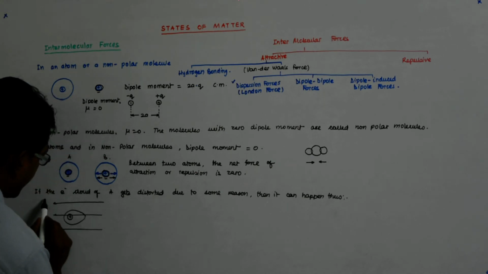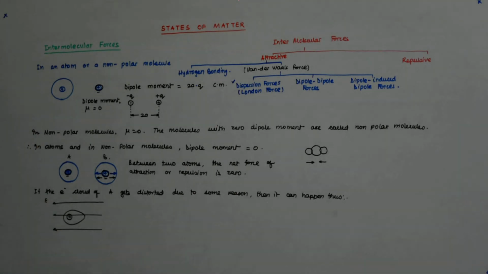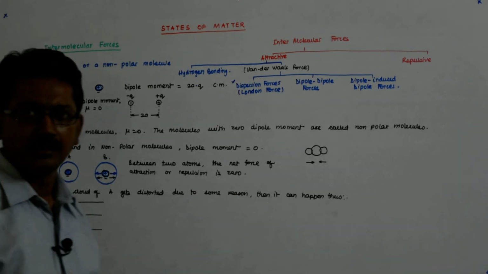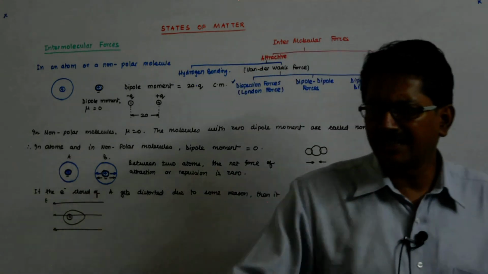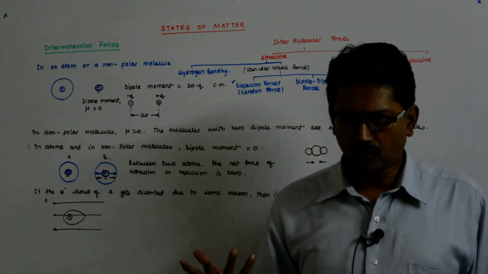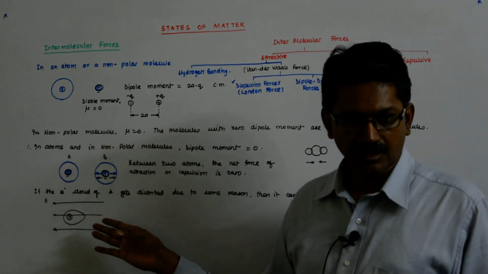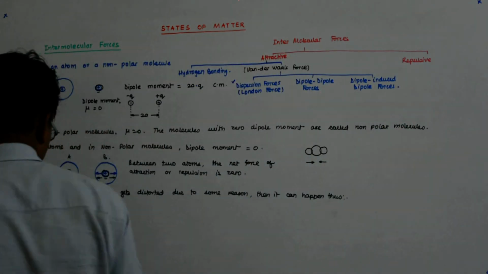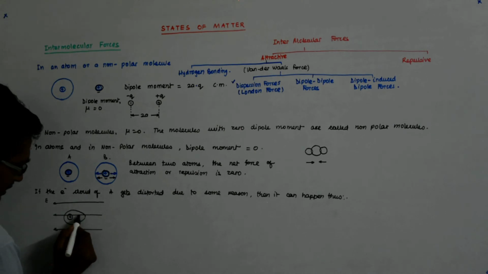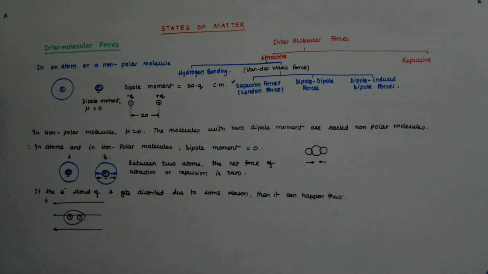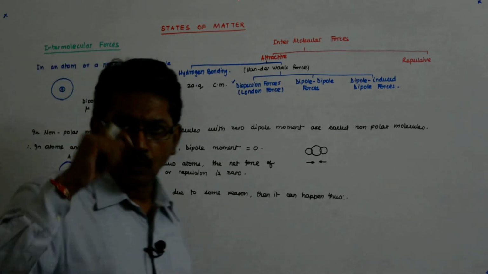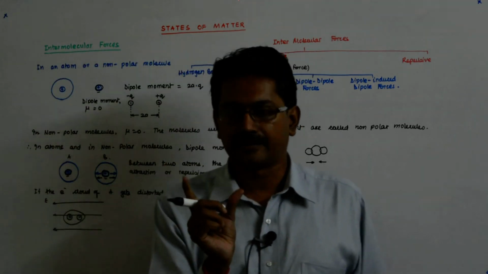This is an electric field. If this is suddenly subjected to an external field, suddenly transient, then suddenly it will become like that. Now you see what happens. The positive and negative centers, which were earlier coincident, they get separated.